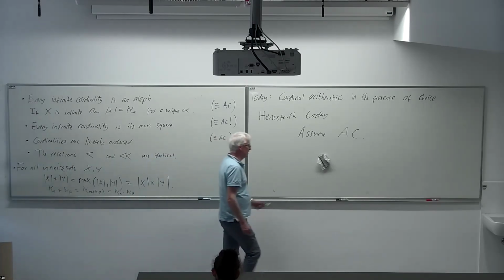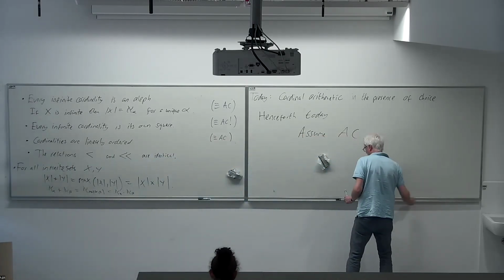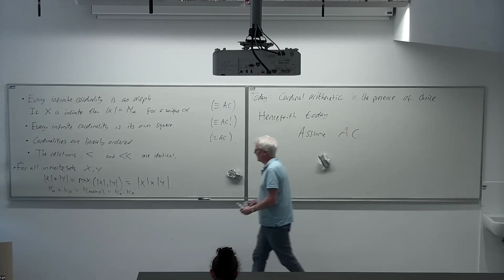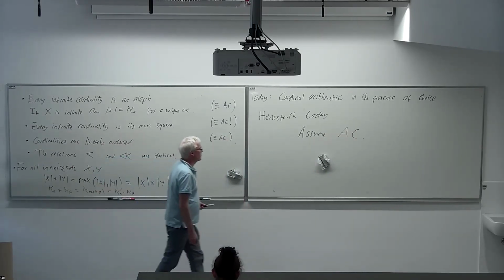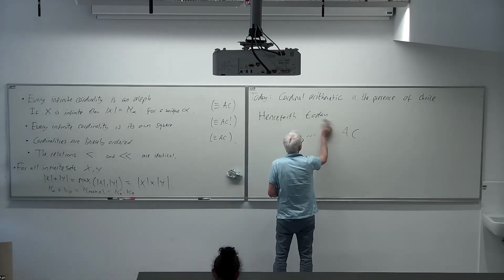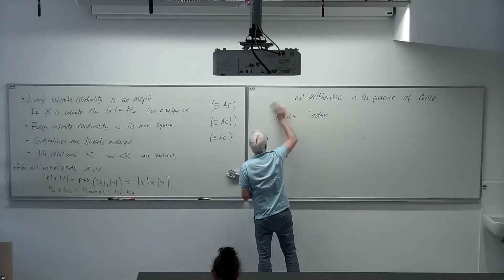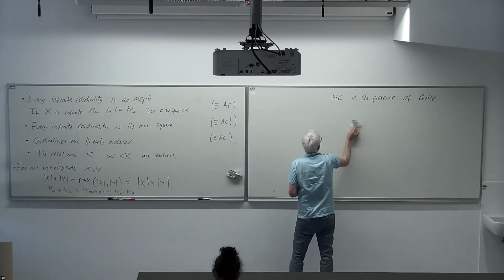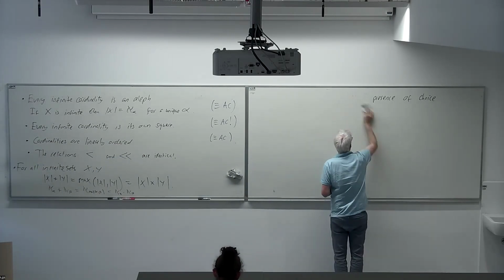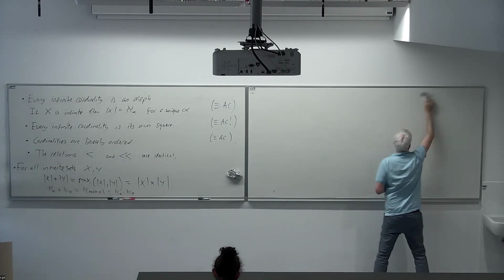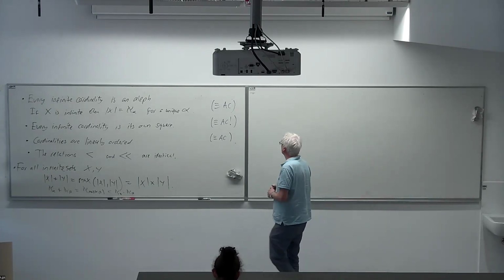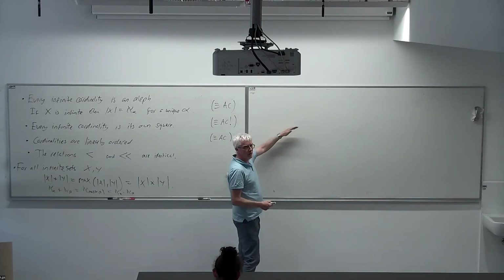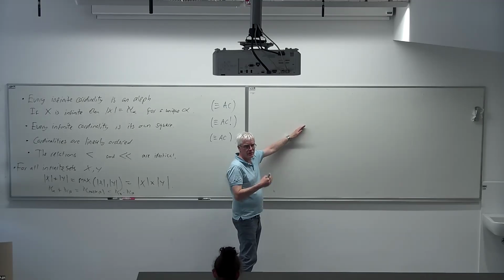So let's start off by looking at what happens to cardinal arithmetic for infinite sums. And to motivate that, we look at standard set theoretical constructions that we've already used, namely the sum and the product of not just two sets, but of a family of sets.